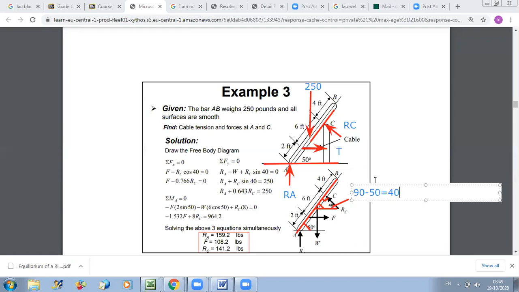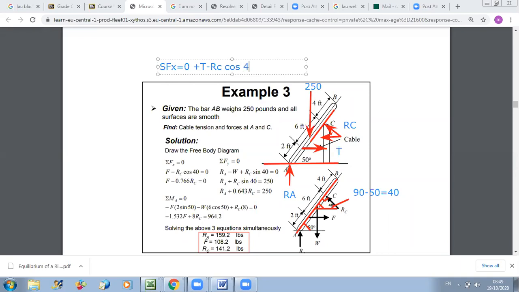As you can see, the projection of RC along x is negative. This is why when I do sum of forces along x, sum of x equals 0 will give me plus the tension in the cable T minus RC cosine 40.